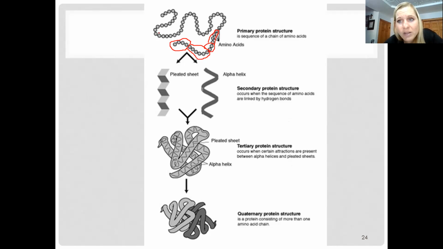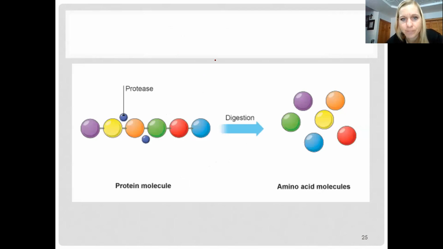Now instead of having this long strand of beads, I've chopped it up into about 6 different little chunks of beads. That's what's going on when we talk about what those enzymes are doing. They're creating shorter strands of these amino acids.